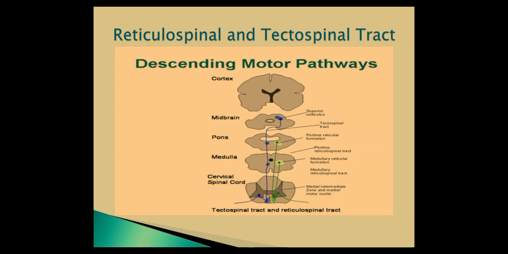The reticulospinal tract is situated in the anterior white column, posterior to the anterior vestibulospinal tract. It is concerned with the control of movements as well as maintaining muscle tone, respiration and diameter of the blood vessel.